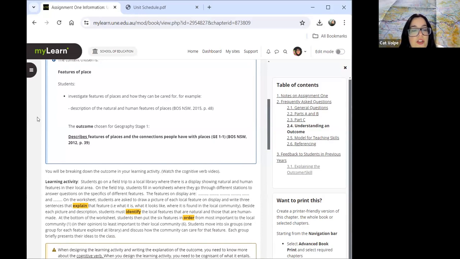If you were trying to do more than that, for example, investigating features of places and how they can be cared for, and then also looking at the Aboriginal perspective, which may be another dot point, then that's moving into a lesson. But don't stress too much about it. It is just an activity that you are designing with one sole aim, which is to have students know and understand a topic within a unit of work, and also to develop a skill.